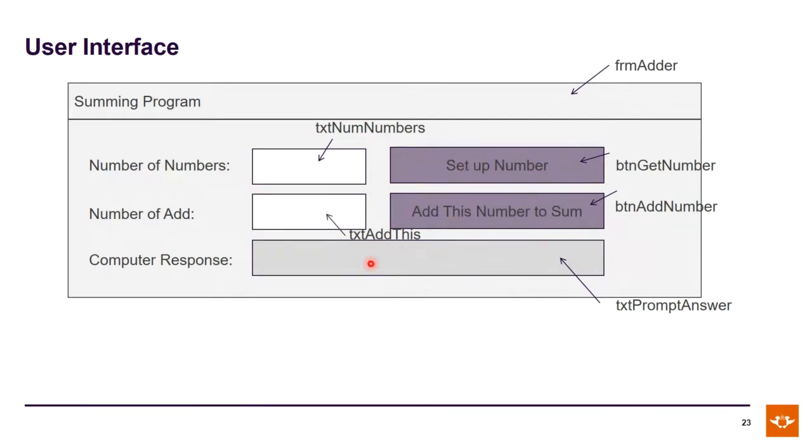You'll notice that I've actually got a third text box at the bottom, and it's a little bit grayed out compared to the two text boxes at the top. Now, why is that? Well, I like trying to make my user interface as user-friendly as possible.